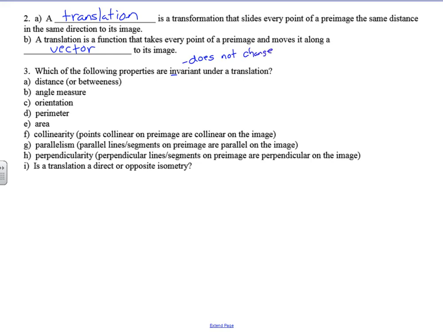So is the distance between those invariant? Yes, it preserves distance. Are the angle measures? Yes, that is the same. Is the orientation?